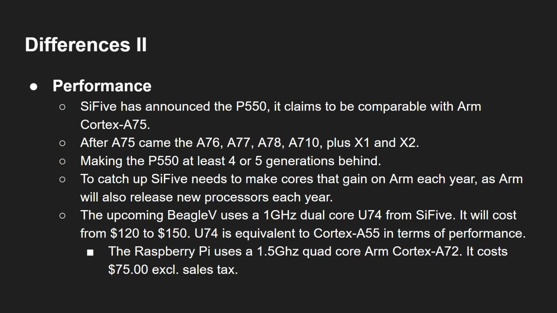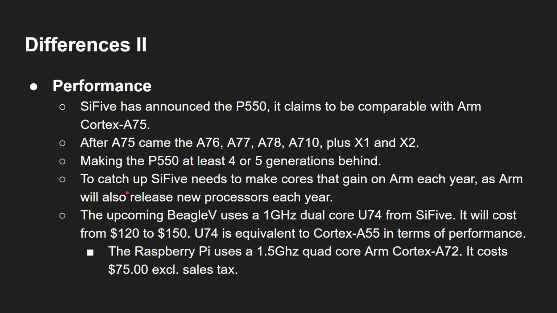Well, after the Cortex A75 came the Cortex A76, the Cortex A77, the Cortex A78, the Cortex A710, and then of course we also have the X1 and the X2. So you can see that makes the P550 at least 4 or 5 generations behind what ARM is producing today.